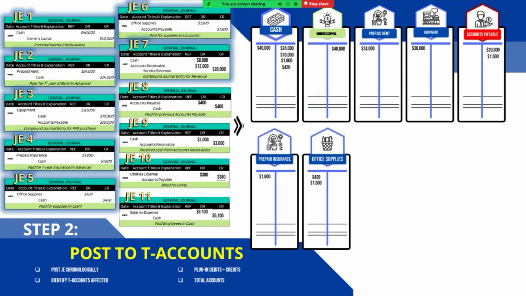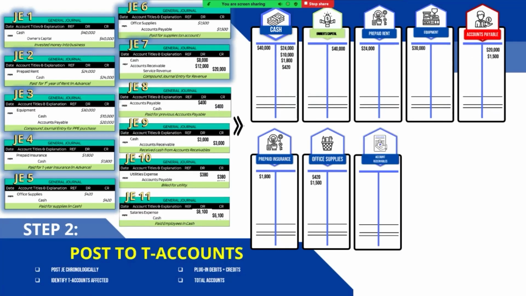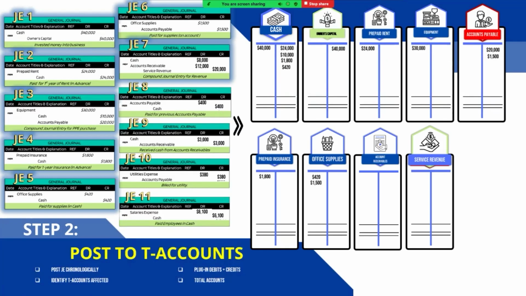7 will have our new account, which would be our accounts receivable and our service revenue. And then just basically posting the debit cash of 8,000, the debit AR of 12,000, and the credit of service revenue. 8 would be just debiting accounts payable. So that's a decrease in accounts payable. Crediting our cash.